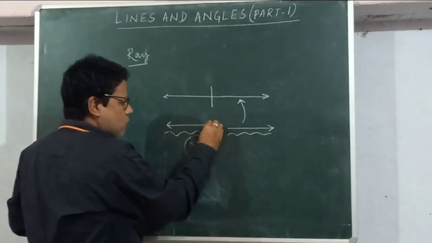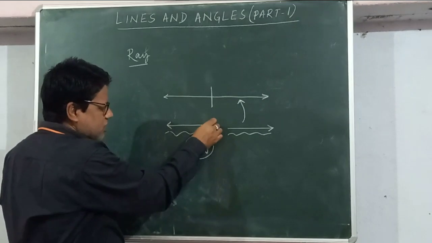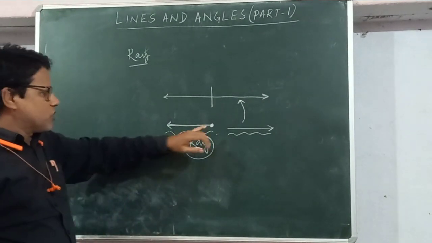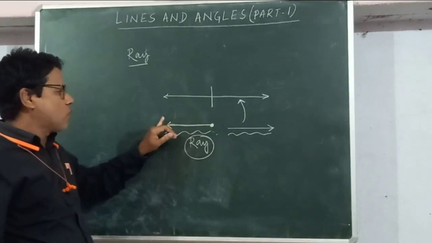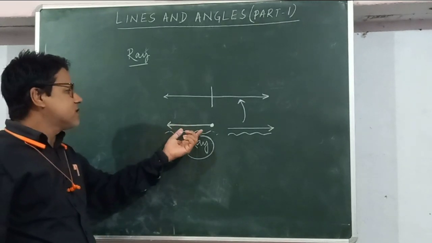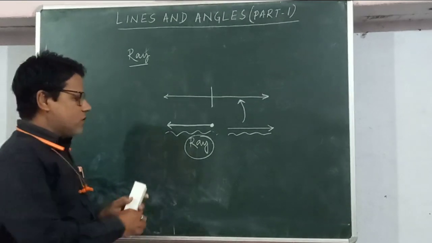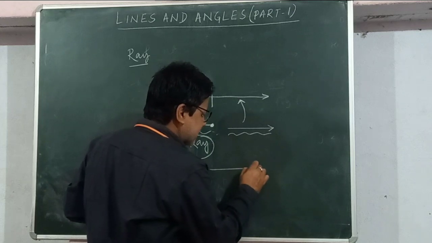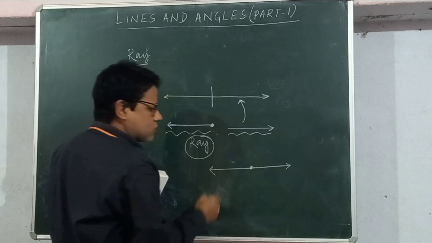A ray has one endpoint. It has infinite points. It extends one end indefinitely, and it has no definite length. When two rays form a straight line, suppose this is one ray and this is another ray.